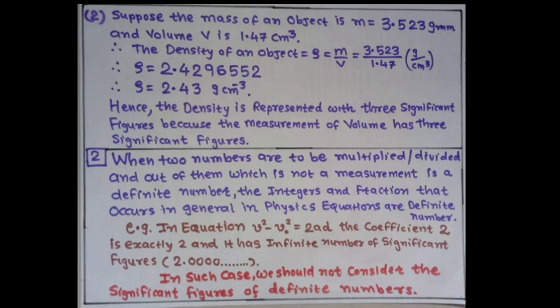In the equation v² − v0² = 2ad, which is an equation of motion, the coefficient 2 is exactly 2 and has an infinite number of significant figures, that is 2.00000 up to infinity. In such cases, we should not consider the significant figures of the definite number.